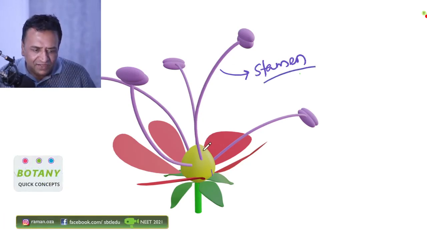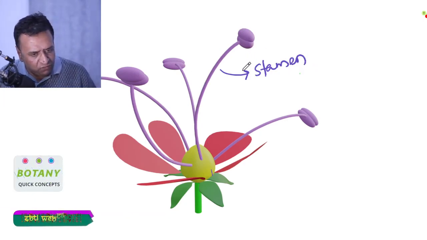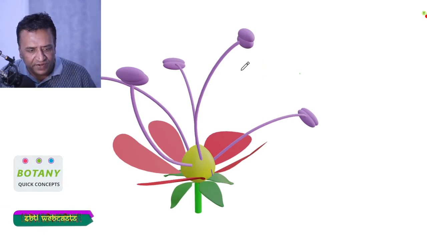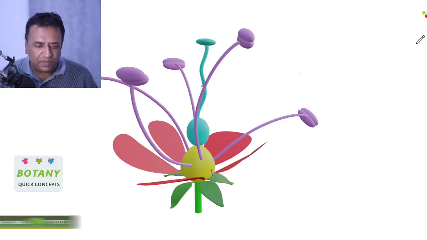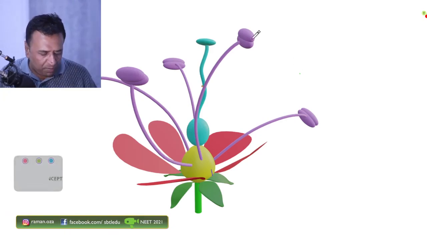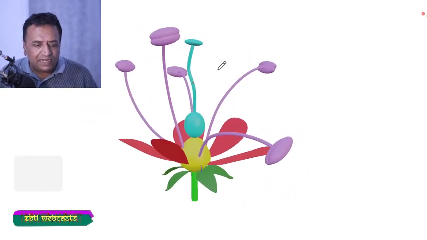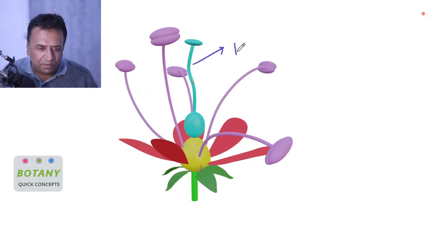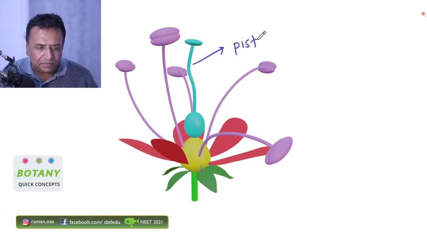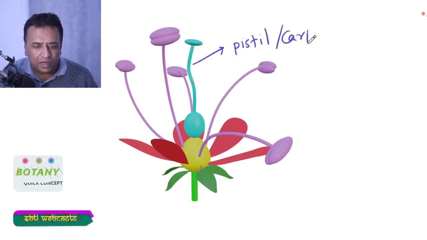Stamen is a single member of that, and the fourth floral whorl we study here is gynoecium, that is at the top of this thalamus, and its single member is called pistil, or it is also called carpel.